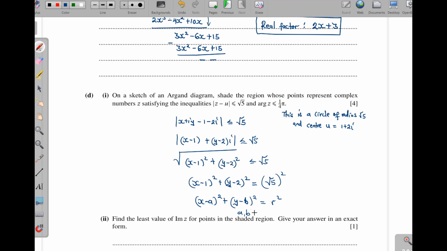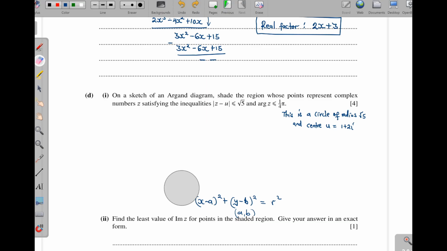So center is a, b. That means the center here is 1, 2, which here is going to be 1, 2. You see that? So when you see the modulus signs on one side of the inequality or equation, you should know that we are dealing with a circle, okay?